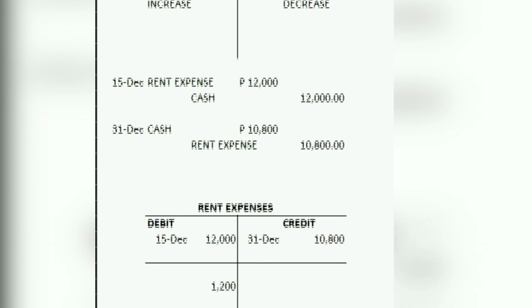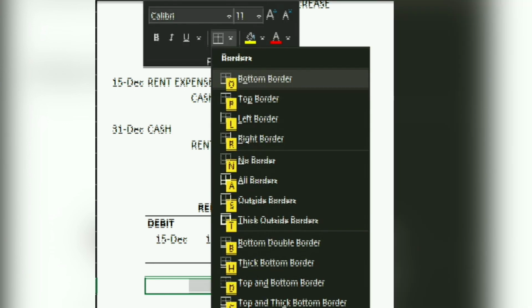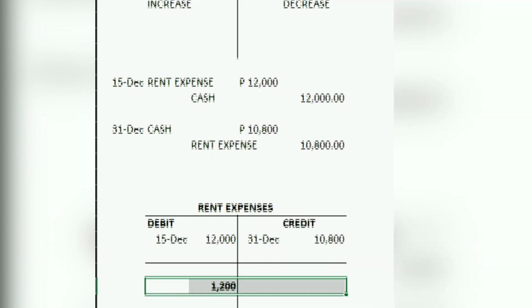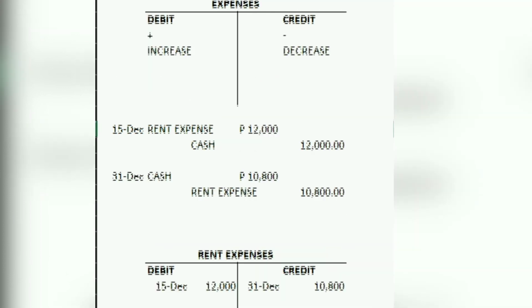So, dapat yung balance niya is mag-equal kay 1,200 na sinabi niya dito. So, ayan, tama nga. And it's a net debit balance kasi ang amount ni debit is mas malaki kaysa kay credit. So, ganun lang ang rules kay debit and credit.